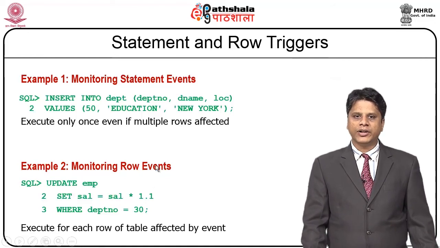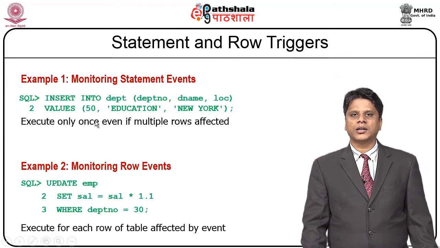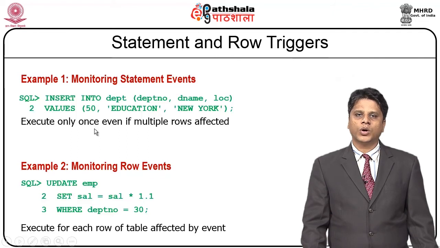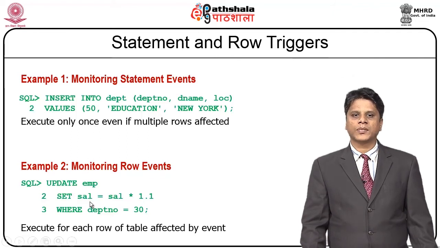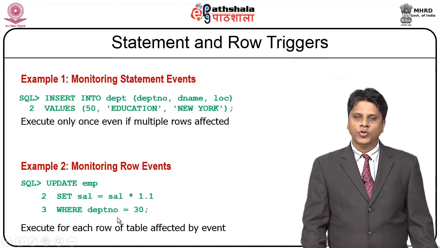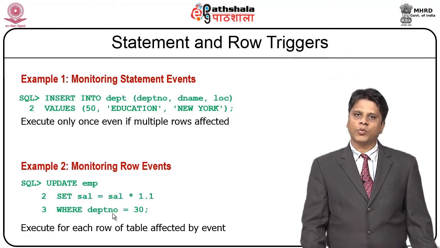Considering the difference between these two events, the previous event said any number of statements occur, any number of relations occur, but the modification or insertion will be done only to one of the relations. Whereas here, although I have multiple relations, if this condition is satisfied, any employee found to have department number 30, in all the relations existing in the table, I will modify the values by multiplying by a factor of 1.1.